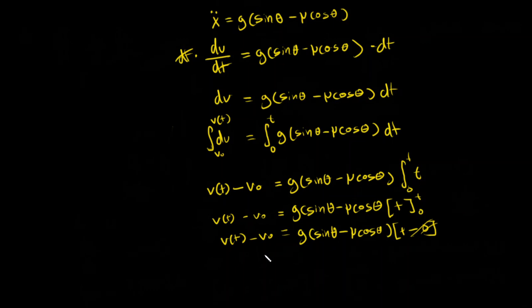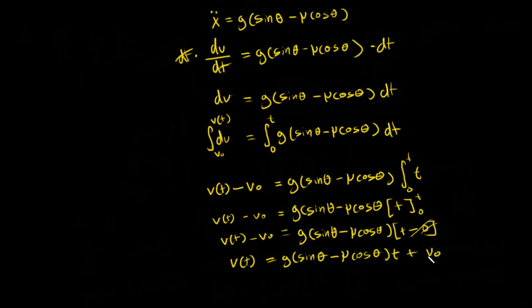So really what we get, and then we've got to move this to the other side, so we'll be left with v of t is equal to g sine theta minus coefficient of friction cosine theta, times t, plus the constant, the initial velocity.